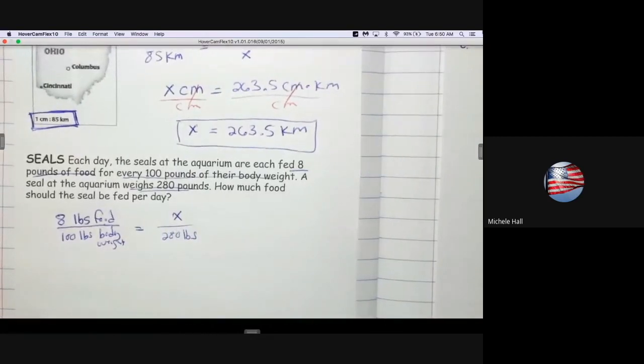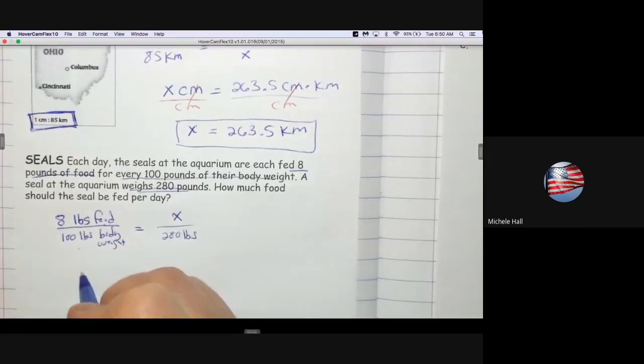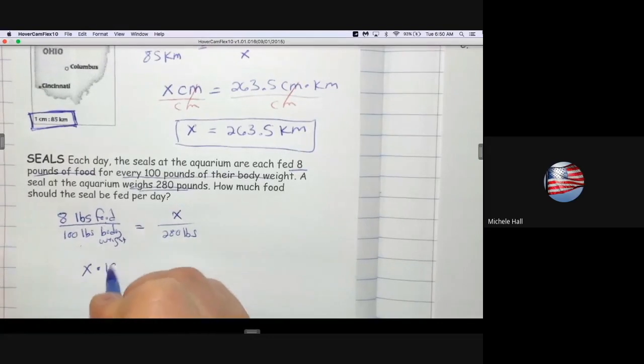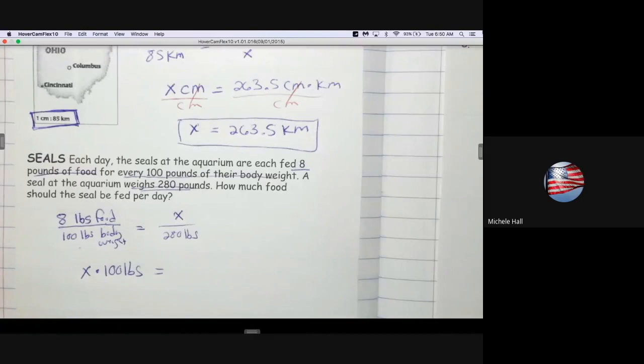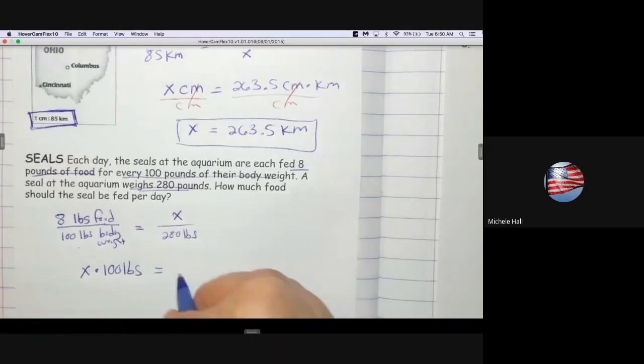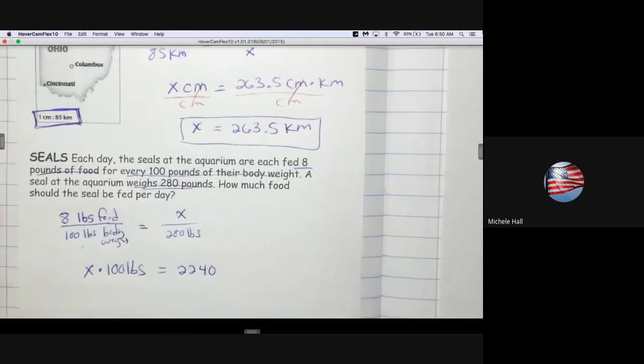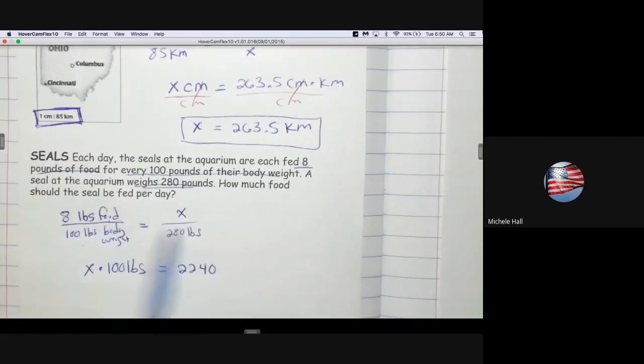All right, cross multiply, we get 100 pounds times X, and then 280 times 8. We have pounds and pounds.